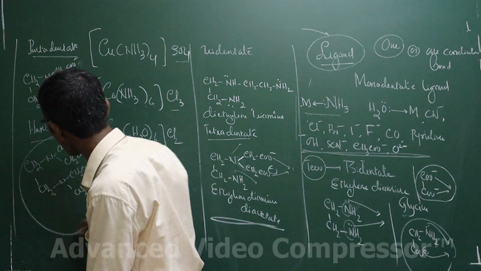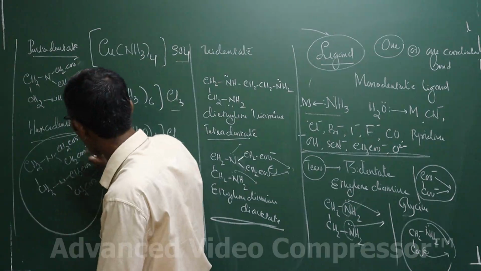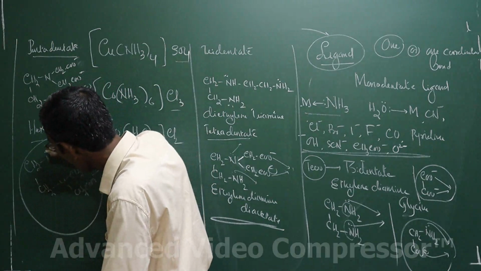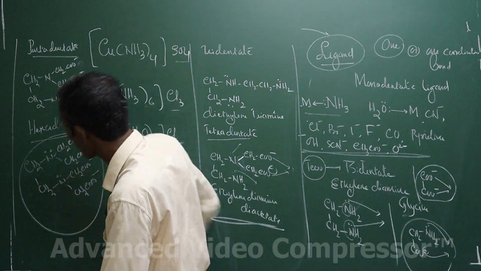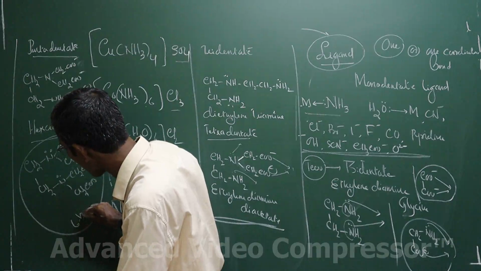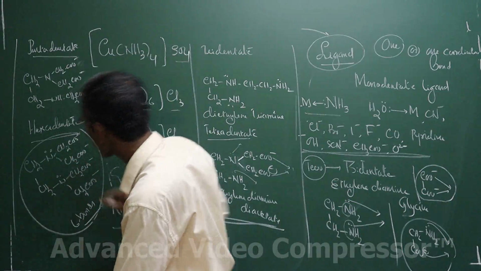That means we will have four oxygen atoms which can coordinate to the central metal ion, and two nitrogen lone pairs can also be given to the central metal ion. That means it can establish six coordination bonds.